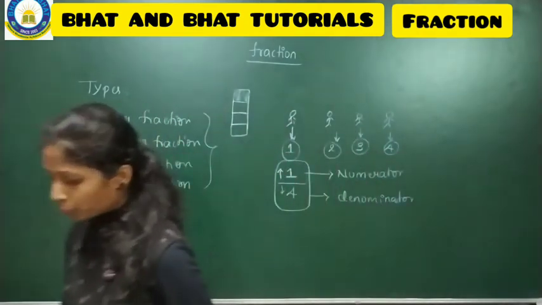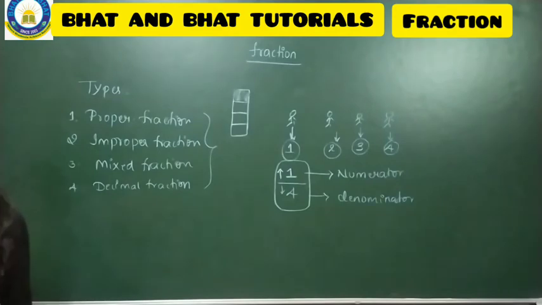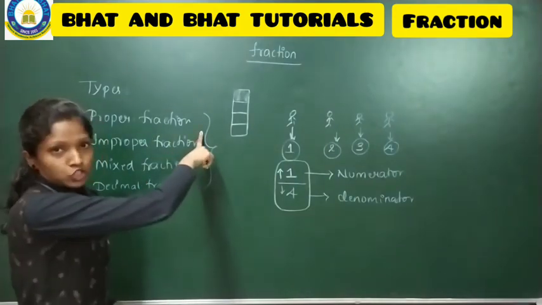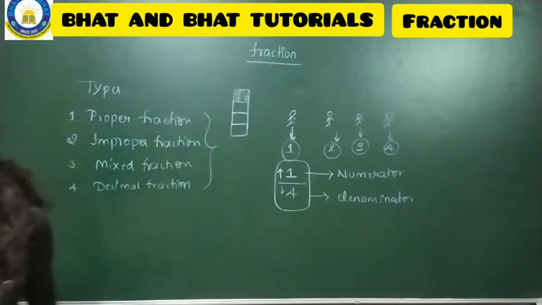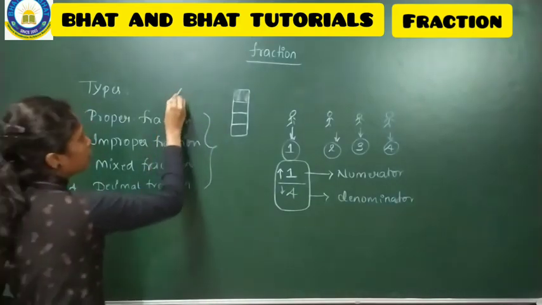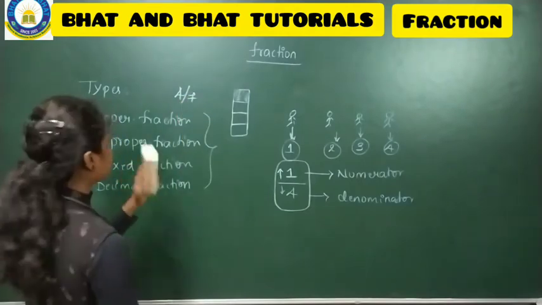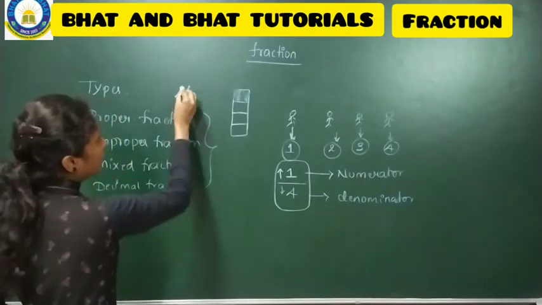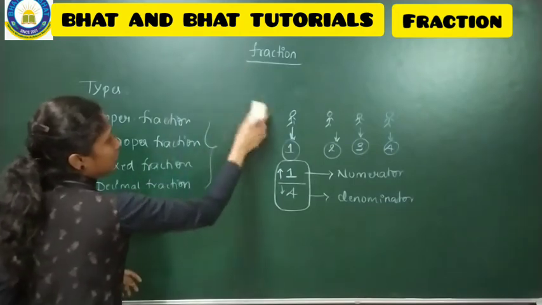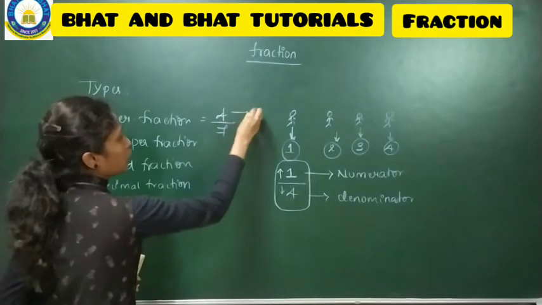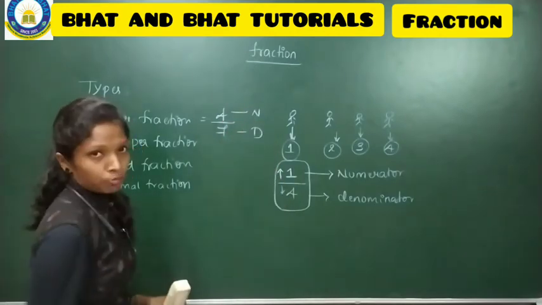So when I come to proper fractions, what happens? The numerator will be lesser in the proper fraction and the denominator will be more. Say for example, 4 by 7 is an example of proper fraction where the number above the line is the numerator and the number below is the denominator.